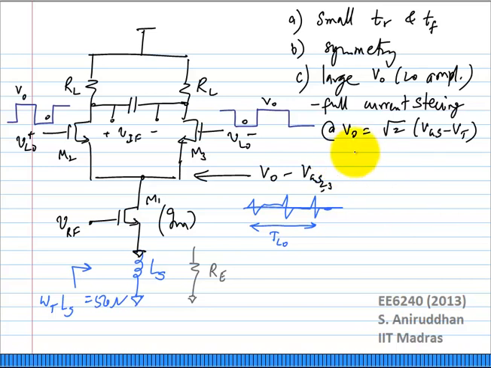So you want large LO amplitude plus small VGS minus VT for the LO, right?